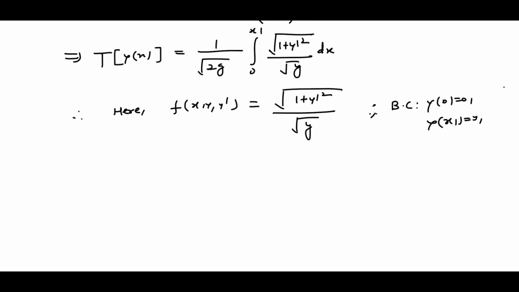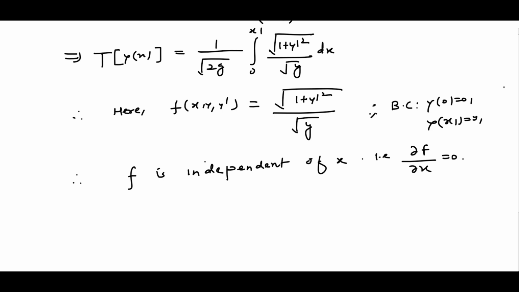But as we can see, f is independent of x. If f is independent of x, then we can say that del f over del x has to be 0.